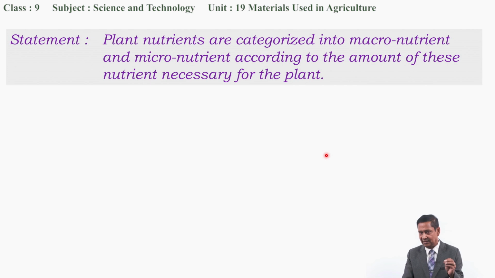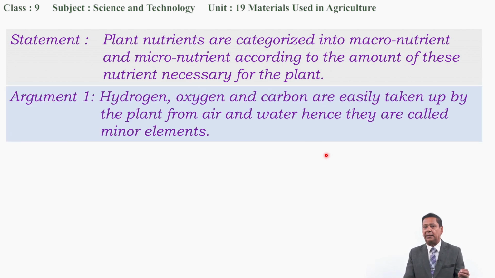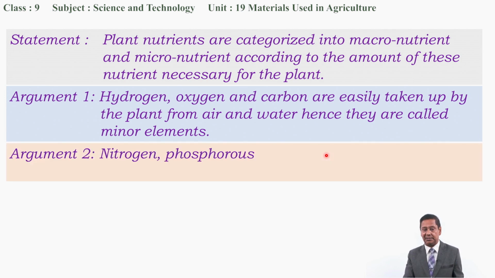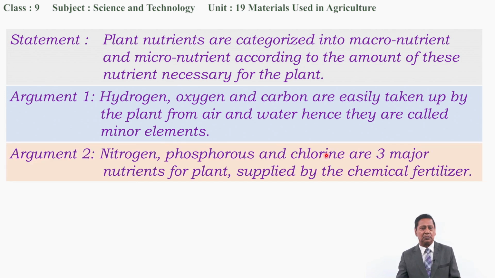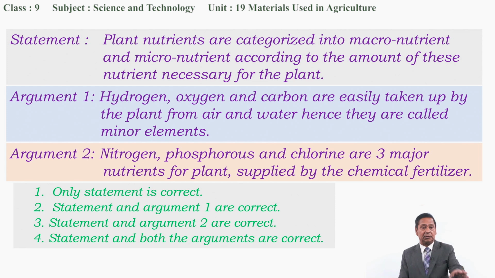Is it? Now let's talk about another point also. Argument 1: Hydrogen, oxygen and carbon are easily taken up by the plants from air and water, hence they are called minor elements. Argument 2: Nitrogen, phosphorus and chlorine are three major nutrients for plants supplied by the chemical fertilizer. Looking at all these, we have to select one of the options.